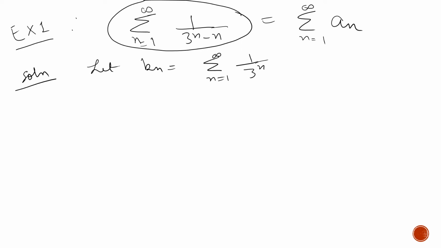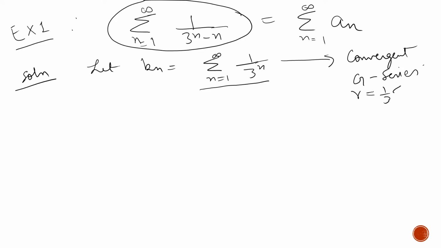By looking at this series, you can choose some possible candidates of bn, and then divide an by bn to see what is the limit of the ratios. So if I choose this bn, which is equal to summation from 1 to infinity of 1 by 3 to the power n, we already know that this is a convergent geometric series, because r is equal to 1 by 3, which is less than 1.